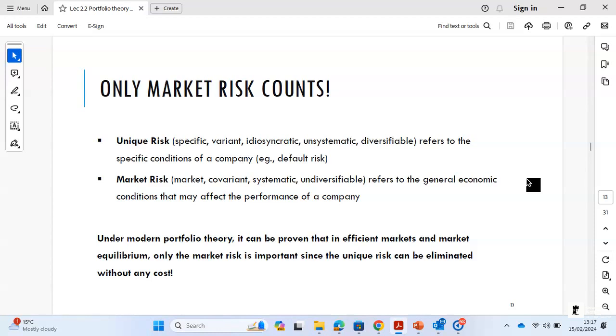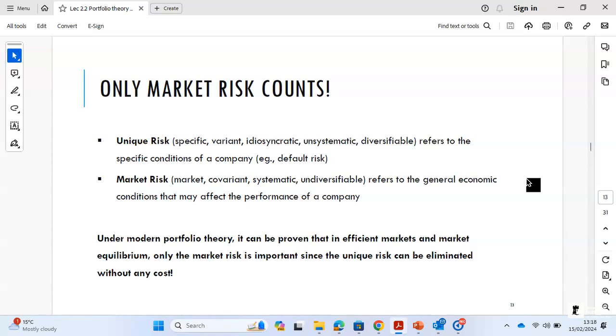Because you can diversify away that unique risk. If that risk can be eliminated through diversification, then why should the market compensate you for it? The market should only compensate you for the risk that cannot be diversified away. There are different names for unique risk. It's called specific risk, variance, idiosyncratic, unsystematic, diversifiable.